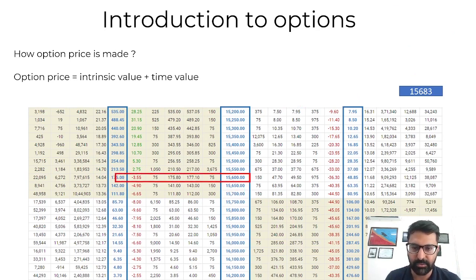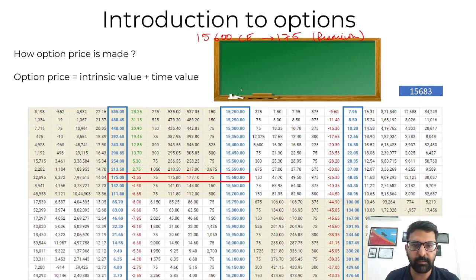In this case, the value of the 15,600 call is 175, or let's call it the premium, right? This keeps changing every second, but at this particular time this is the premium, right?